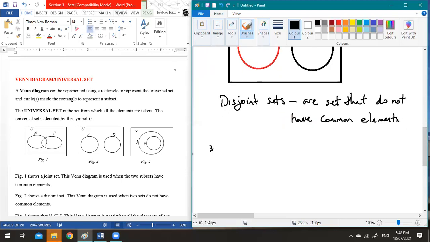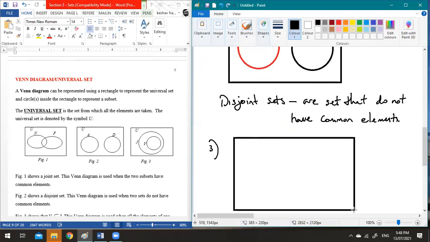And the last one, where you see a circle within a circle, it is not inception, it's called subsets. So I put the larger one in red. And then I'll put the other one in black.